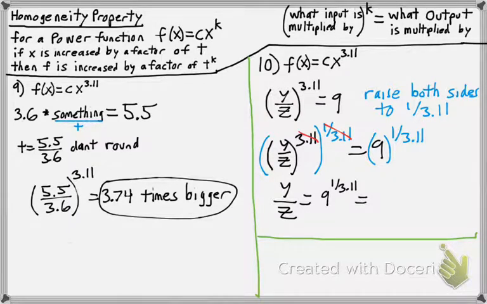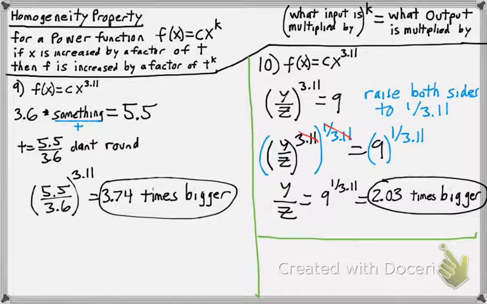And if you calculate what that is, that's going to be 2.03 times bigger. So for this one, because the outputs are 9 times bigger, the inputs were 2.03 times bigger.